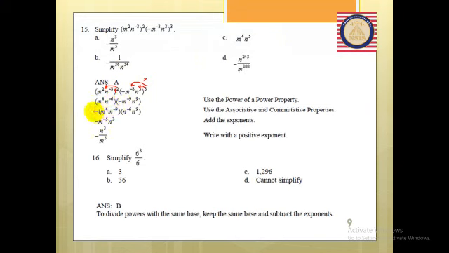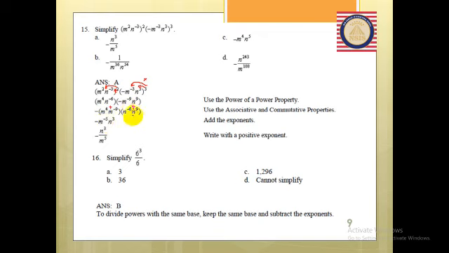Then I'm going to take the m's together, m to the power of 4 and m to the power of negative 9, and the n's together, n to the power of negative 6 and n to the power of 9. Here they are times, so I'm going to add the powers. 4 plus negative 9 is negative 5.